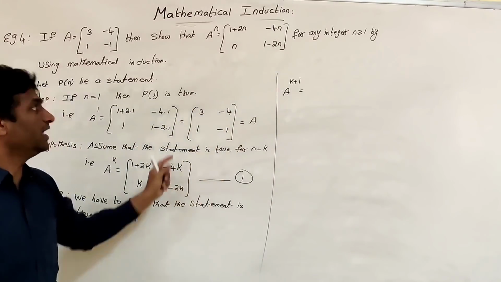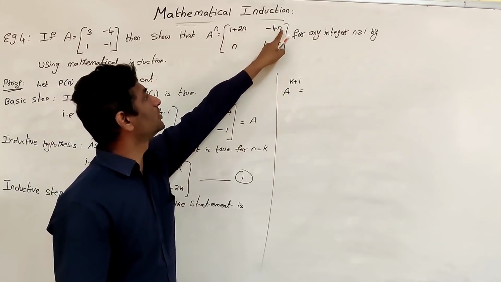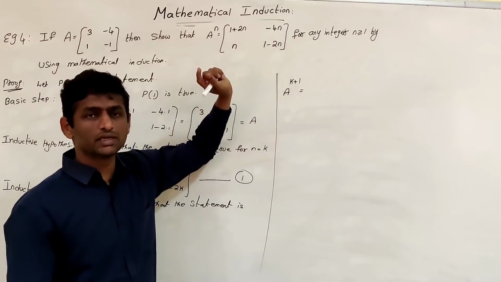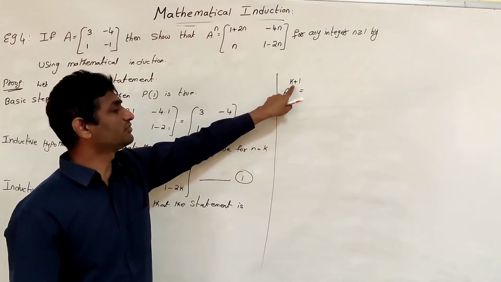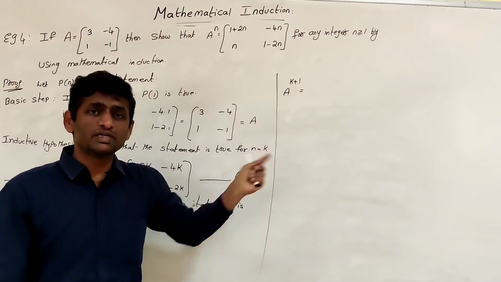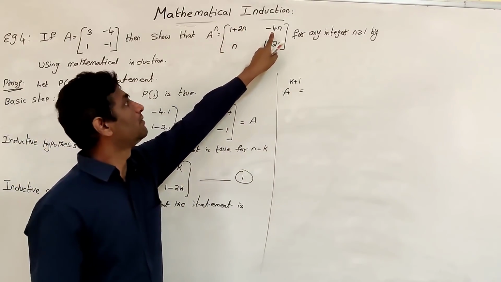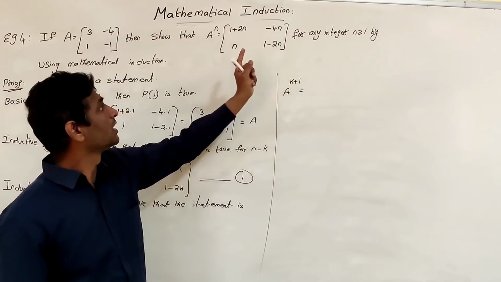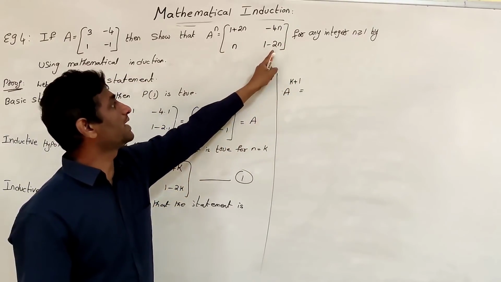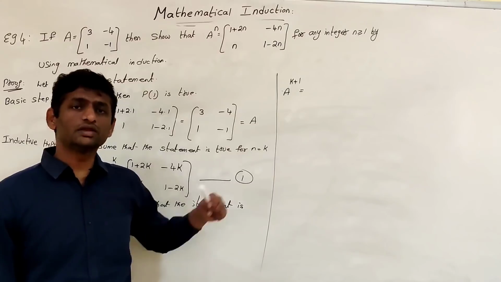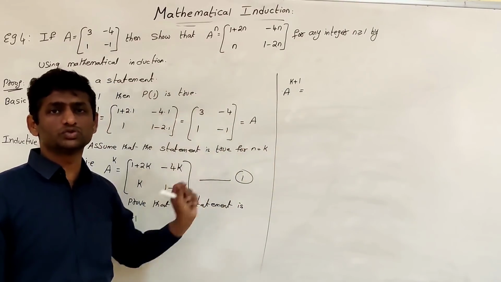If it is k, 1 plus 2k, minus 4k, k, 1 minus 2k. Now here in the place of n it is k plus 1. What should be our result is 1 plus 2 times of k plus 1, minus 4 times of k plus 1, k plus 1, 1 minus 2 times of k plus 1. If we show that, then our statement is true.